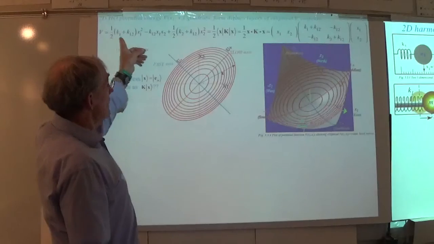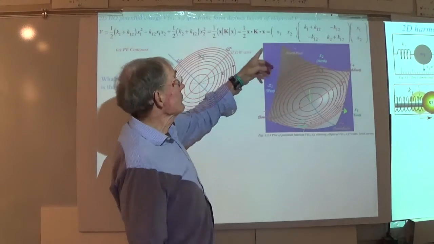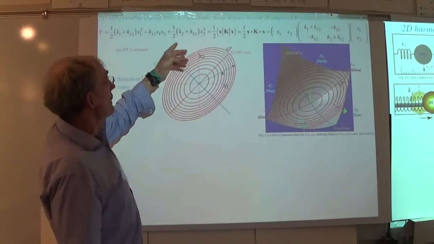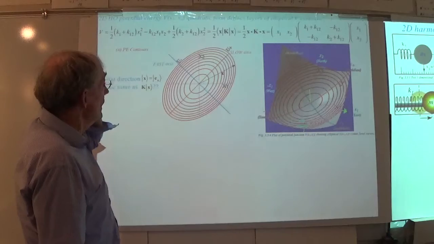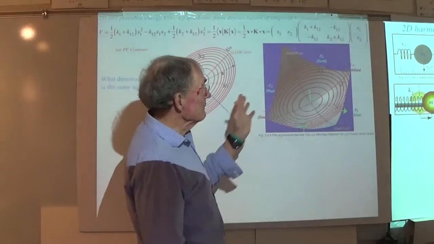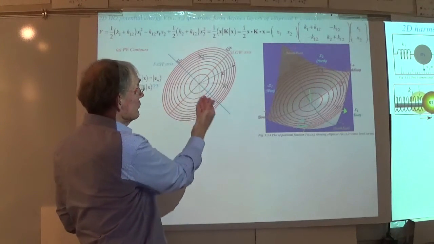Well, we've already talked about quadratic forms. And that's what the potential is for this thing. No matter what values I have for k's and m's, I can make a potential that looks something like this and plots out something like this with contour lines.